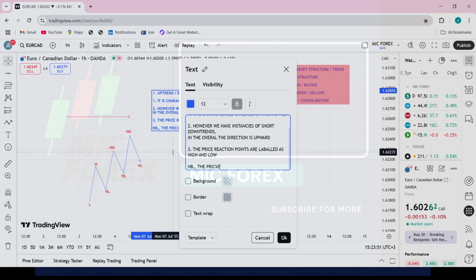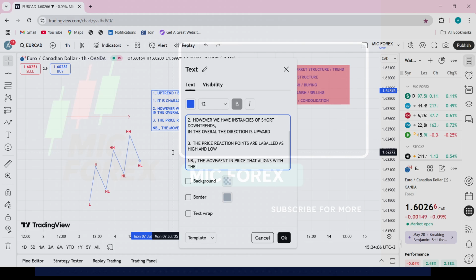The price, the movement in price, that aligns with the general trend is called impulsive movement, or just impulse.